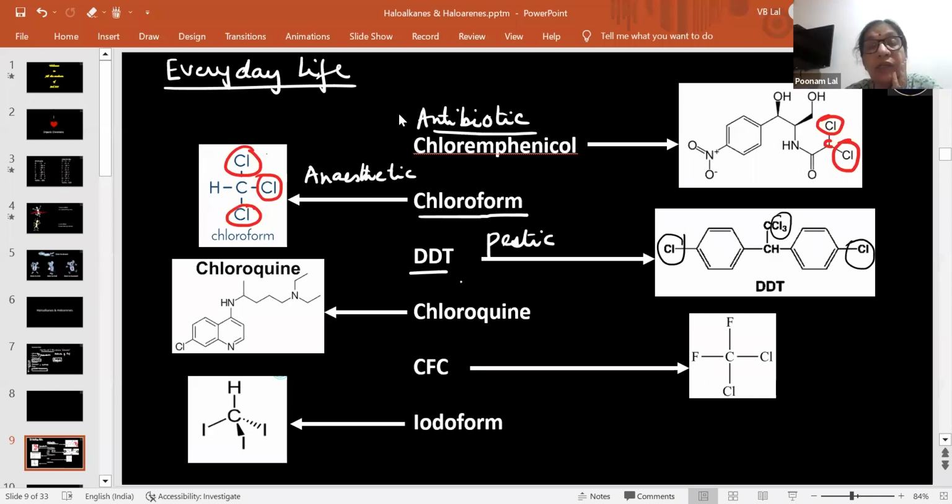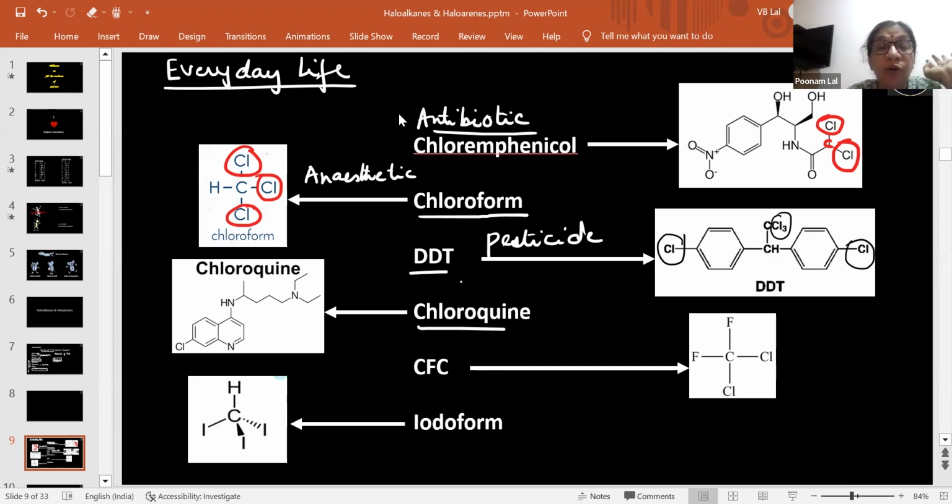Very good. It was one of the very important pesticides once upon a time, but now we are reducing the use of DDT because it goes down the food chain and causes a lot of other side effects, poisoning and all that. So the use of DDT has been reduced.